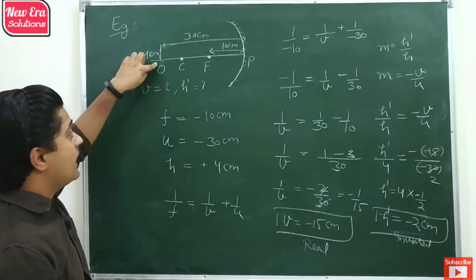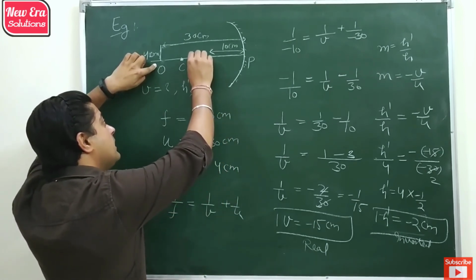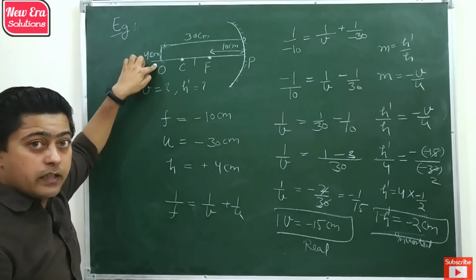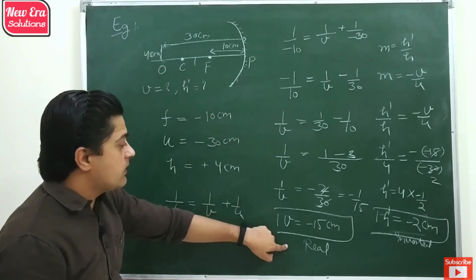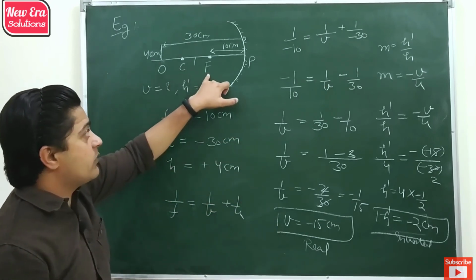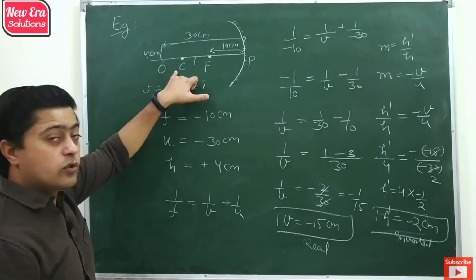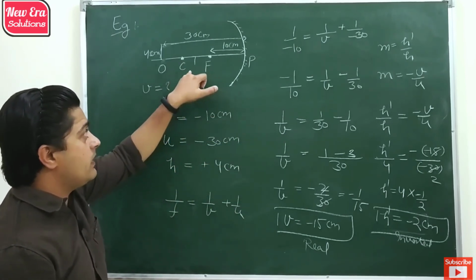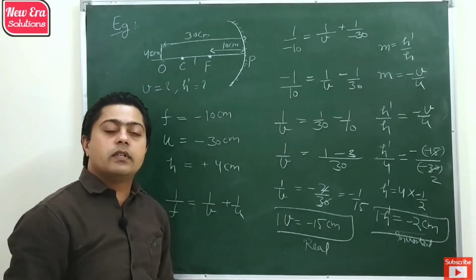When the object is placed beyond center, the image formed is between center and focus with the real and inverted properties. So 15 centimeter lies between center and focus because focus is 10, radius is 20, then 15 lies between 10 and 20, and negative sign in both the case shows the inverted image.